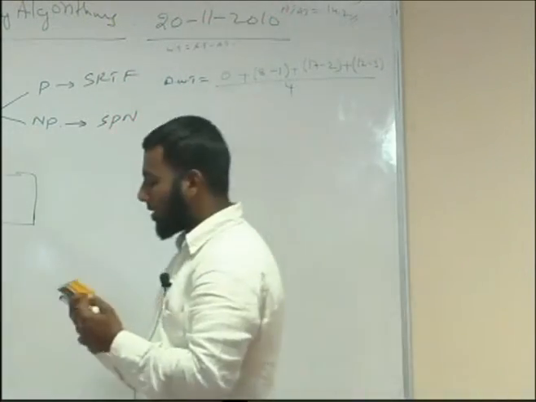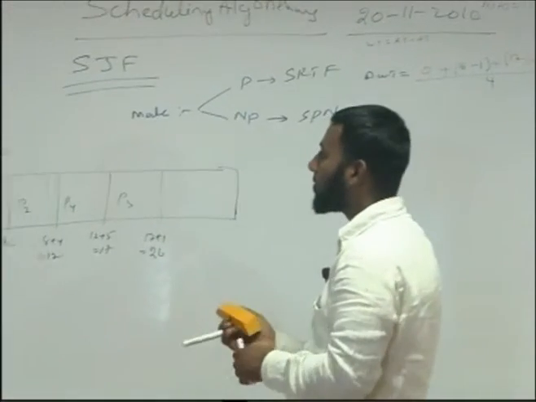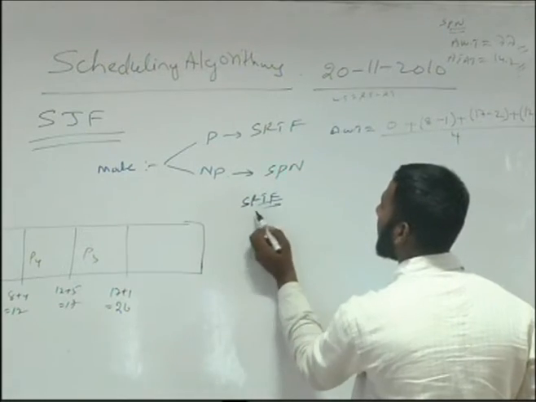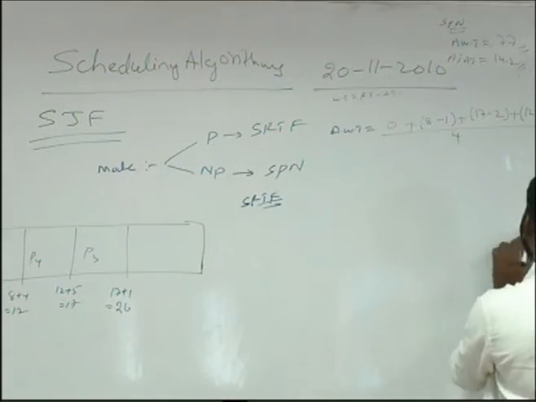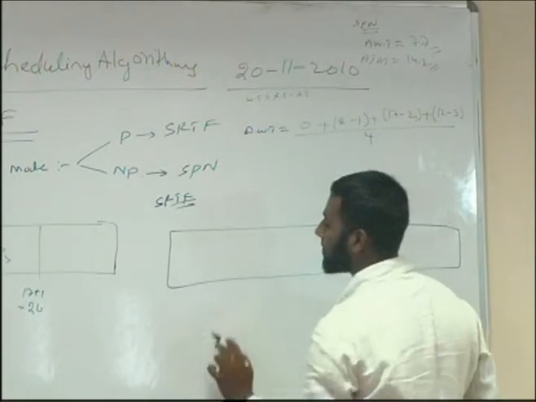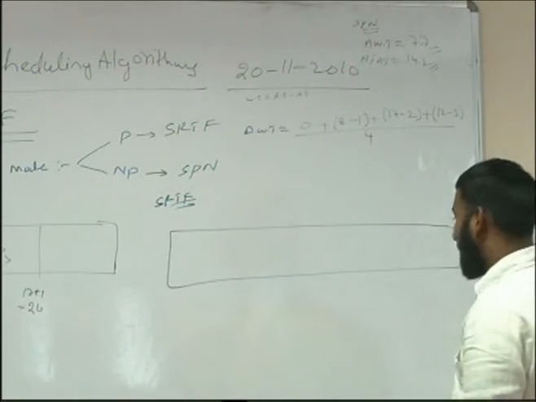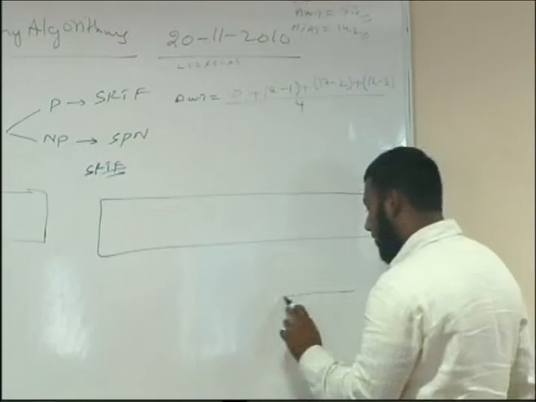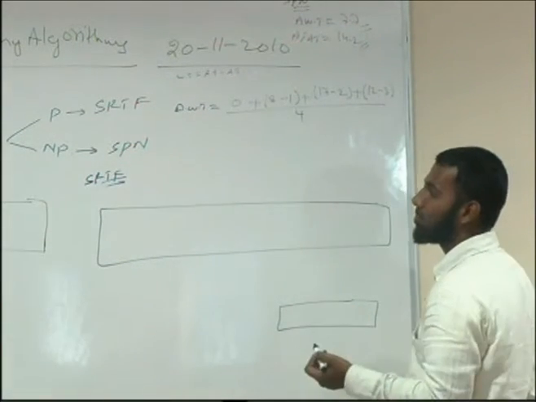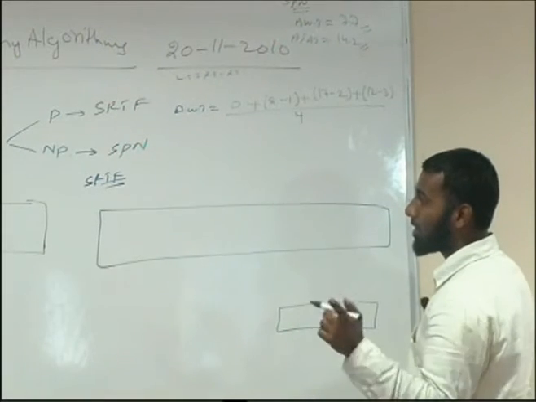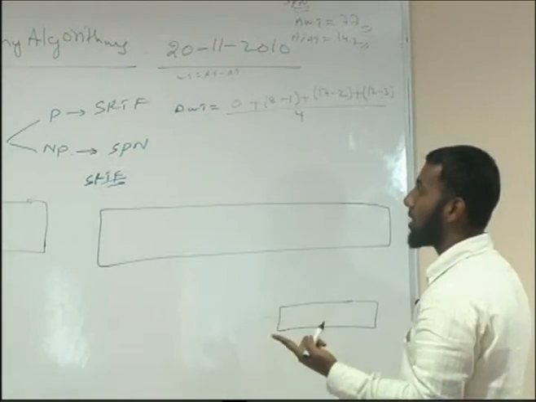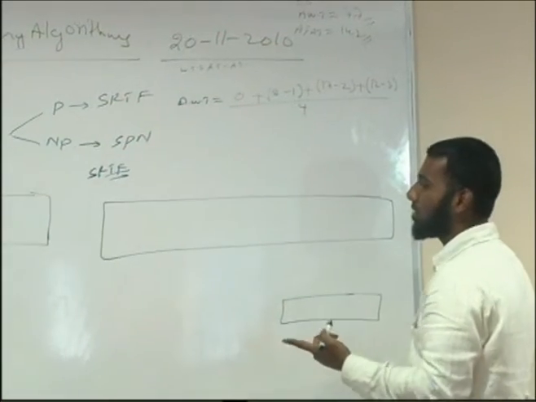So now let us draw for shortest remaining time first. We know that it works in preemption mode. So this is the Gantt chart. Okay. Now here the ready queue plays a very important role. Actually in every algorithm it plays, but here, because of preemption and remaining time and the criteria on which the decision will be taken, we have to be very careful about which process will be given a chance.